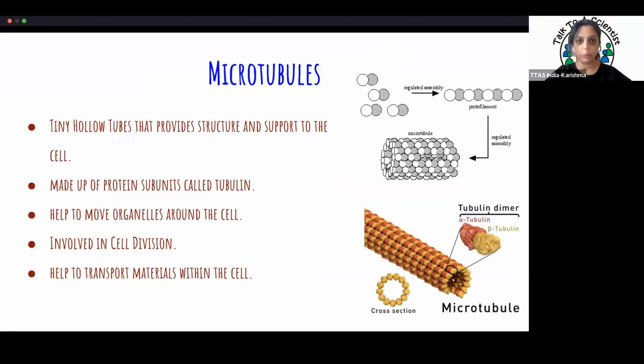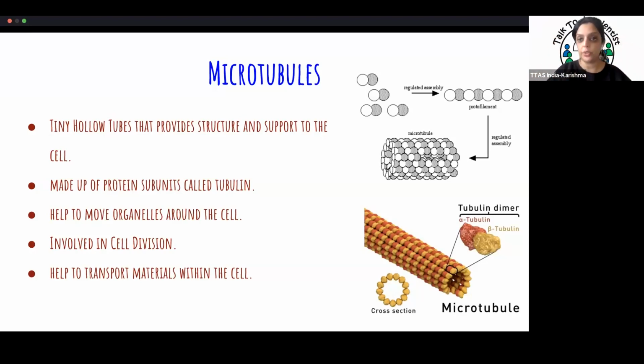Everywhere the buildings are being built and broken down. So have you seen those iron or metal wires that they put on which they build the bricks and the cement? Those are like the scaffold. That's called a scaffold that holds the structure together. The membrane gives the cell shape, but the microtubules hold the shape.